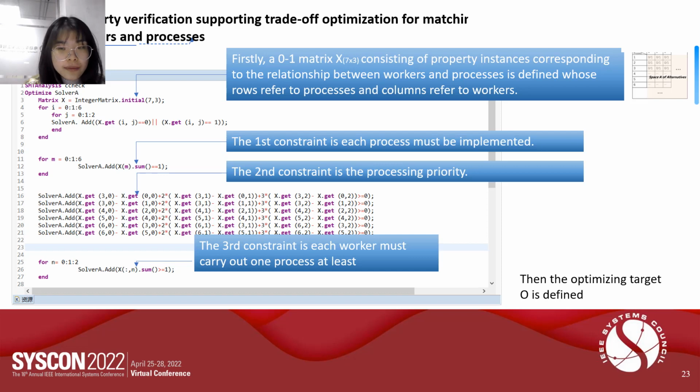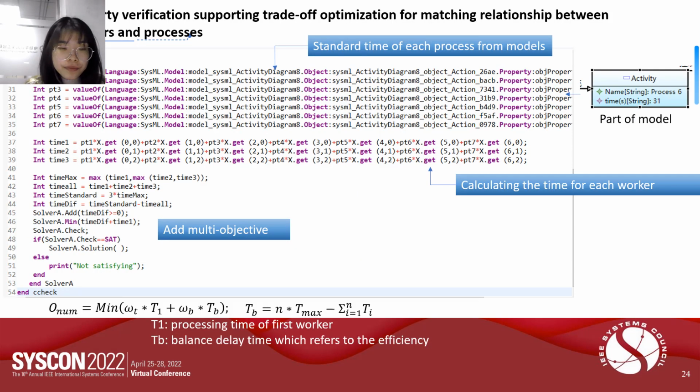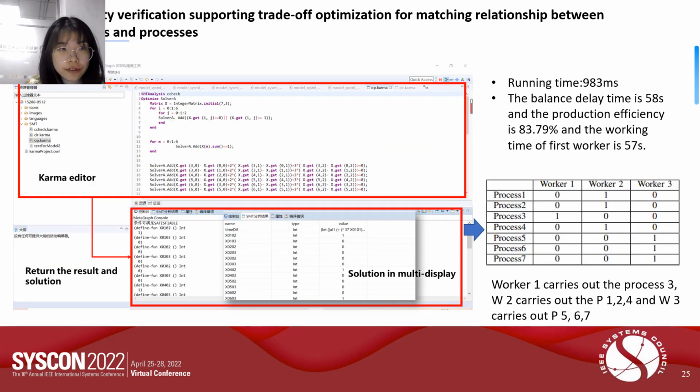Then, the optimizing target O is defined. The multi-objective is the sum of the processing time of the first worker and the balance delay time, which refers to the efficiency. First, the stand time of each process is captured from the model, then the time for each worker is calculated and the objective is constructed.